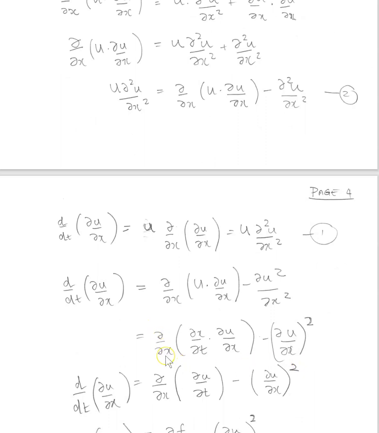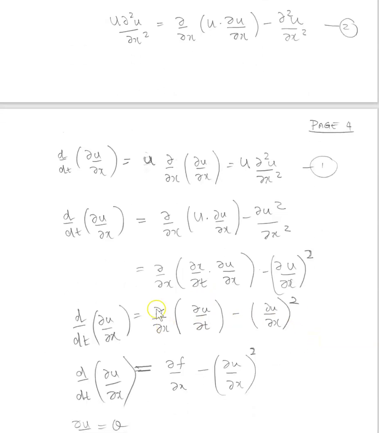Now partial over partial x, u is partial x over partial t, dx over dt, and then we could keep that here, and this stayed the same. Now what happened here, these two cancel out, and then you get partial u of partial t.